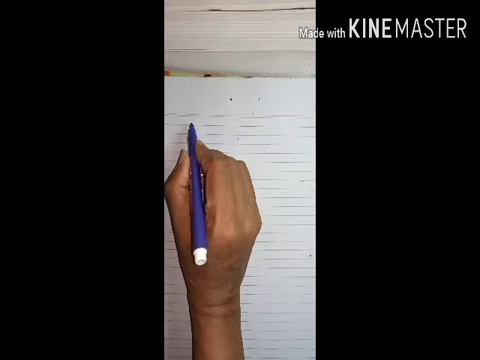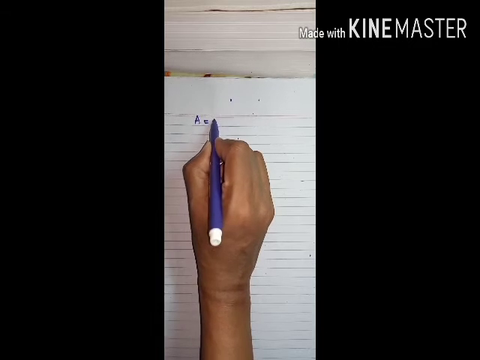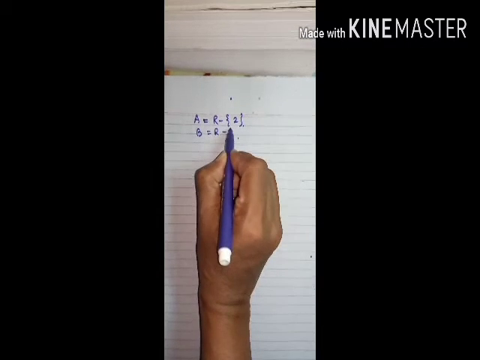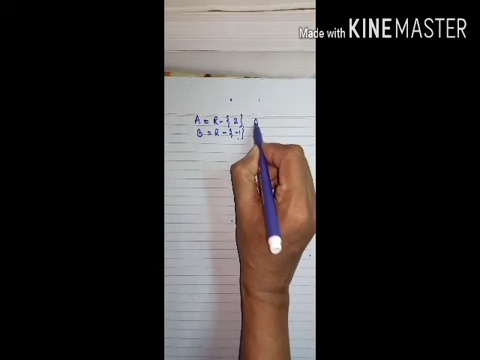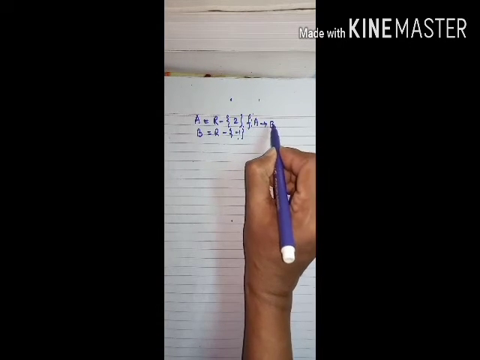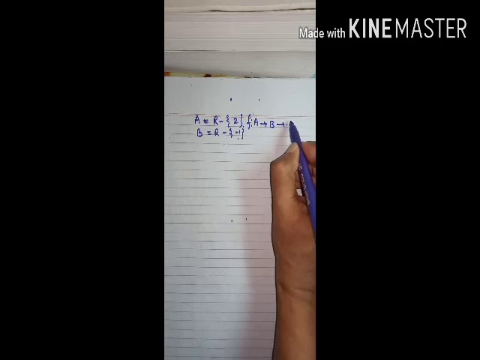Again, another example I am giving. Suppose let set A equal to R minus {2}, B equal to R minus {1}. Relation f from A to B, this B is given, function is given.